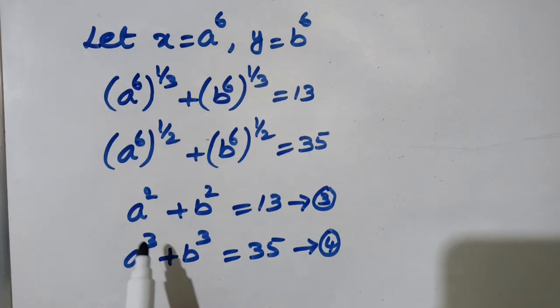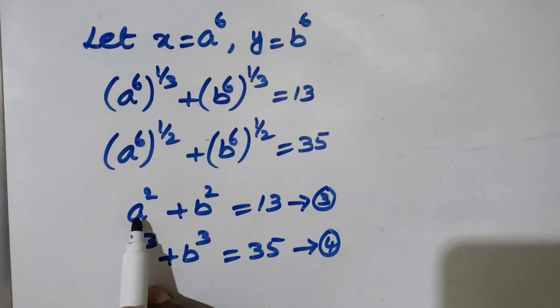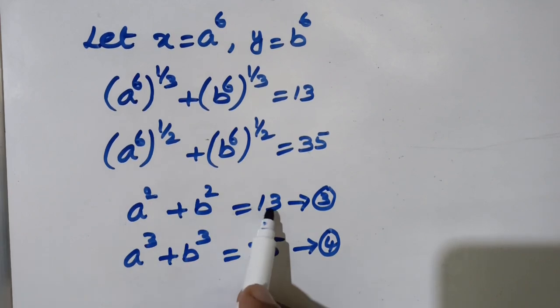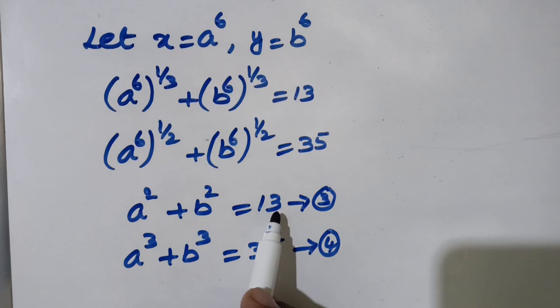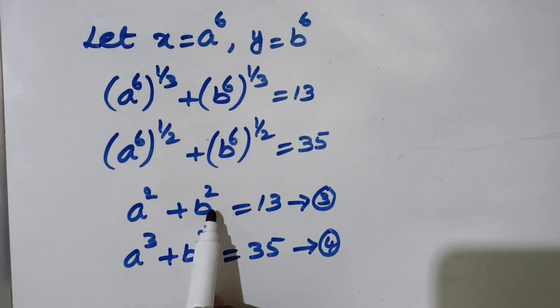To solve for a and b, first I have to search for the integral values which satisfy a square plus b square is equal to 13. If a is equal to 1, a square is 1 and 1 plus b square is 13, so b square becomes 12 and b cannot be an integer. So a is equal to 1 will not give an integral value for b.